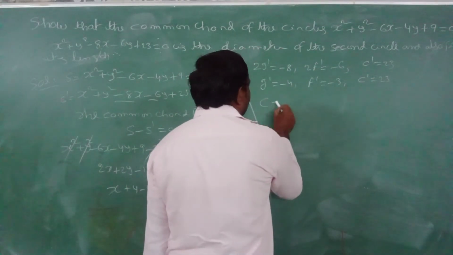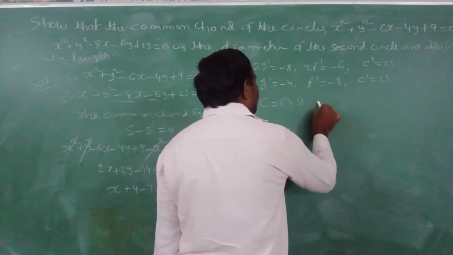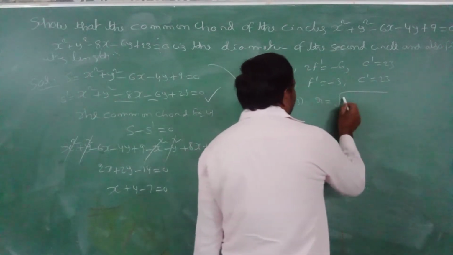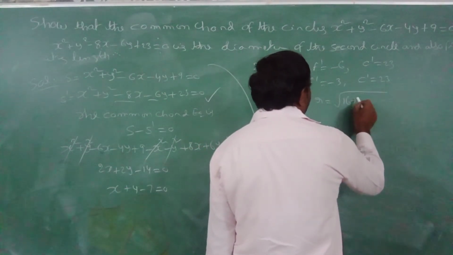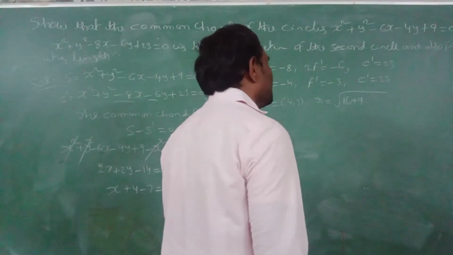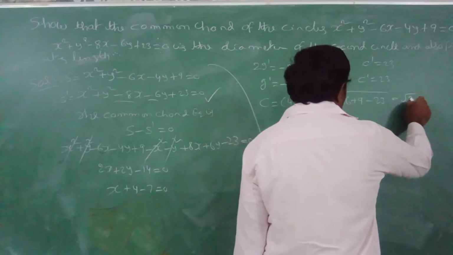Center is minus g dash, minus f dash, that is 4 comma 3. Radius r is equal to under root of g dash square, 16, plus 9 minus c dash, minus 23, root 2.